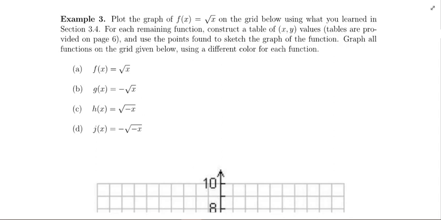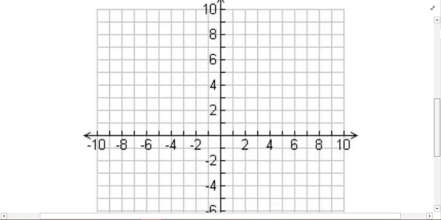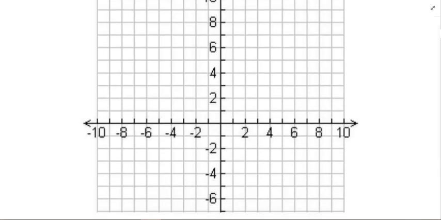Okay, so let's start with the basic function. That's part A here. f of x is equal to the square root of x. We learned what the square root function looked like in section 3.4. Remember I told you you had to memorize the key points to each of those graphs.